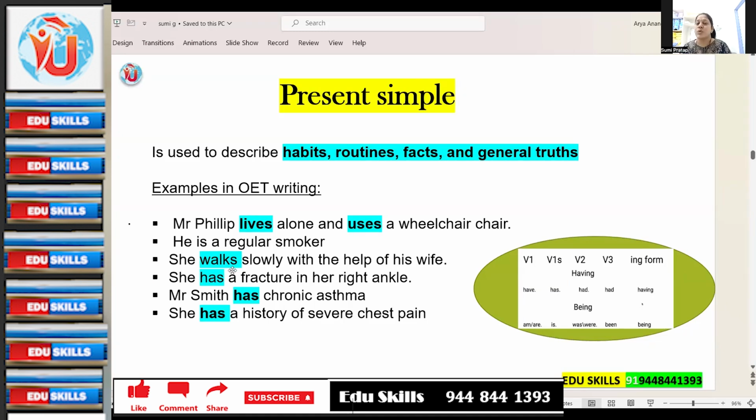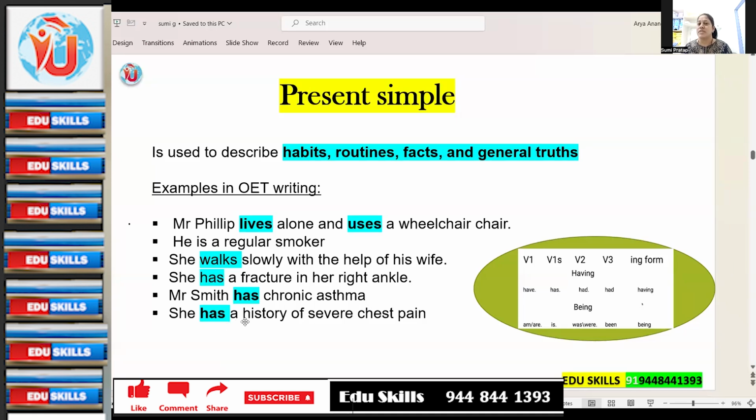She walks slowly with the help of her husband. And below, as I told you, we can use this as present tense in some places, not all the time. She has a fracture in her right ankle. Mr. Smith has chronic asthma. Chronic asthma is continuous, right?